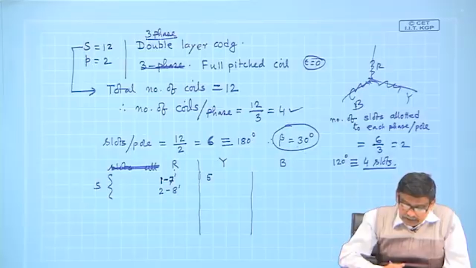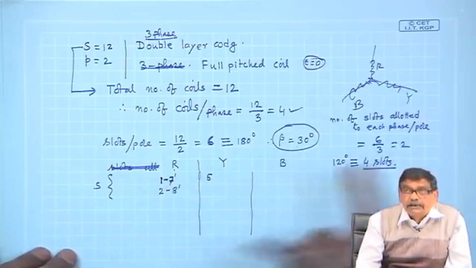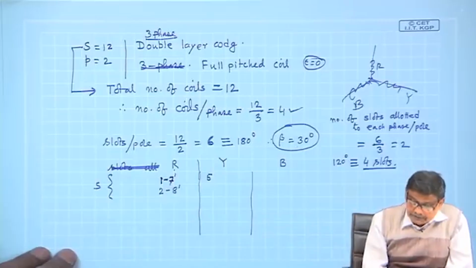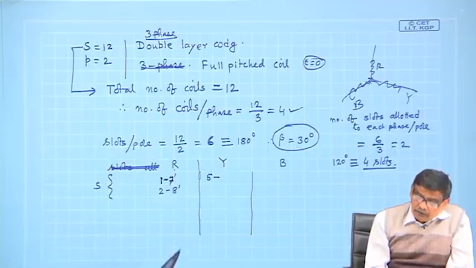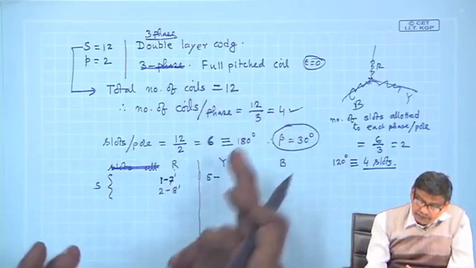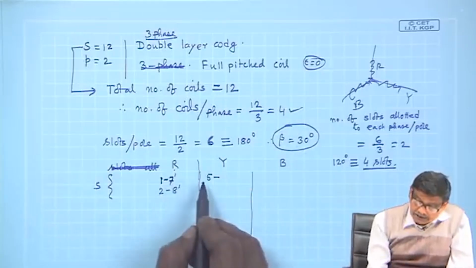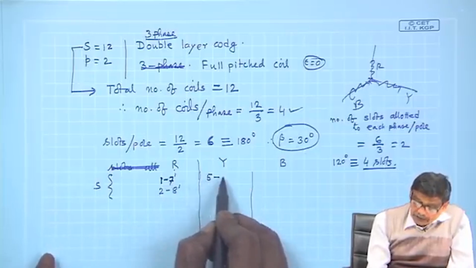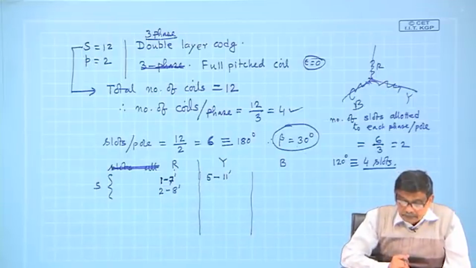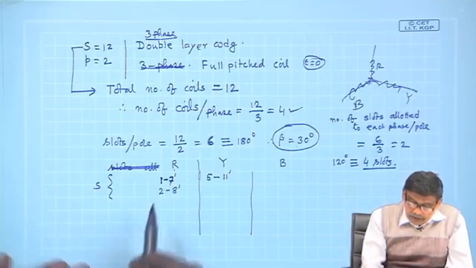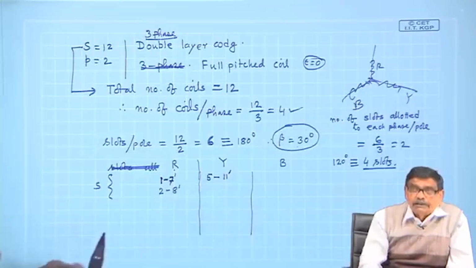Therefore, it will start from 5 to ensure that 120 degree displacement, and what should be its return? Coil span is the same, that is 6. So, 5 plus 6, 11, and it is shown in the lower deck, so it must be shown as 11 dashed. So, this difference should be 6.